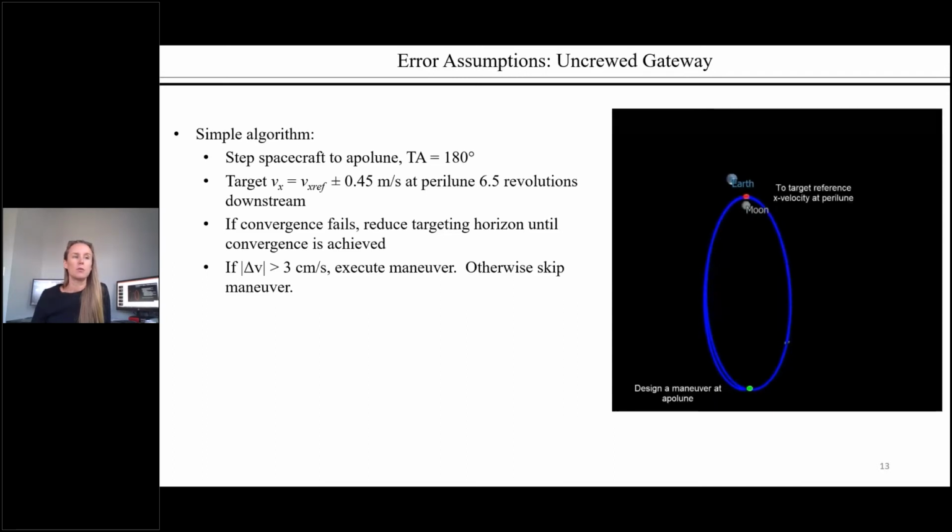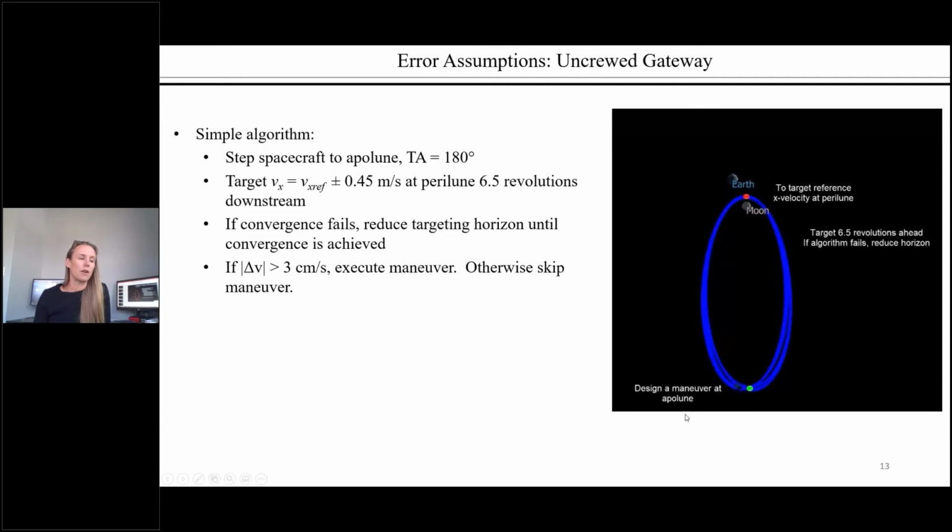And what we do is we target components of the baseline trajectory at parallel 6.5 revolutions downstream, or some amount of time downstream. So one thing we can target is the x component of rotating velocity. If we target close, like half a rev ahead, that's going to be a higher cost, because in orbits, it's always cheaper to target further ahead.